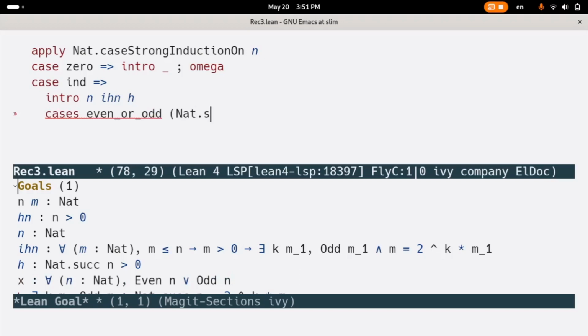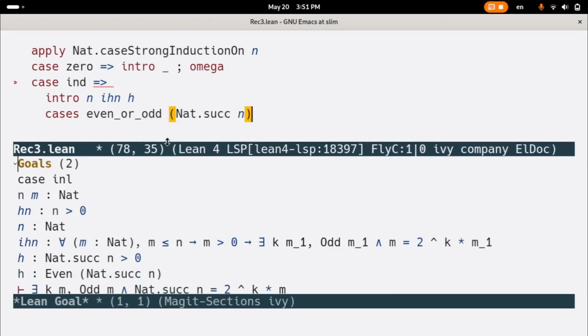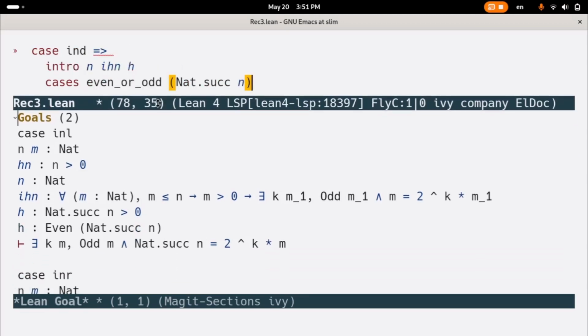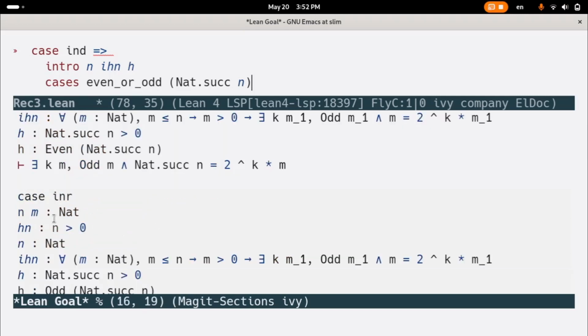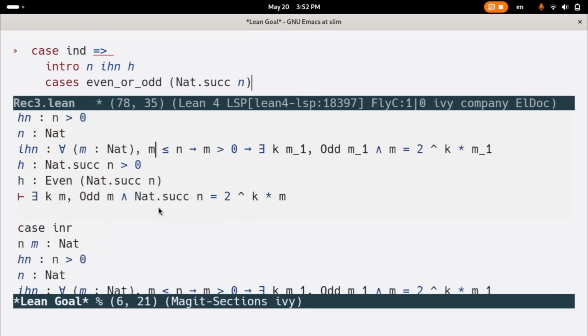We split the proof into cases depending on whether n plus 1 is even or odd. In the INL case, we have n plus 1 is even, this is a non-trivial case. In the INR case, we have that n plus 1 is odd. This case is trivial.